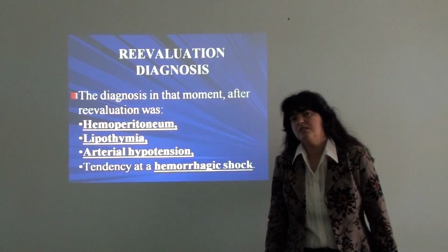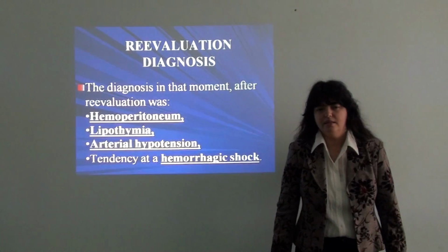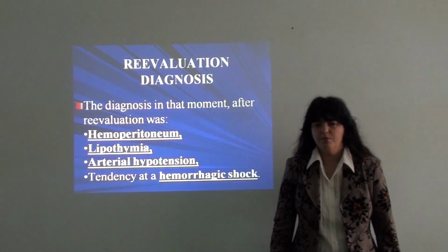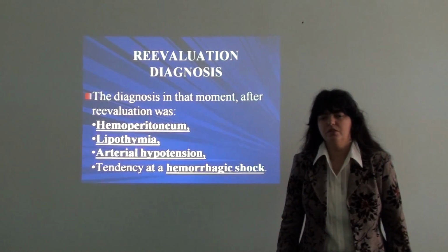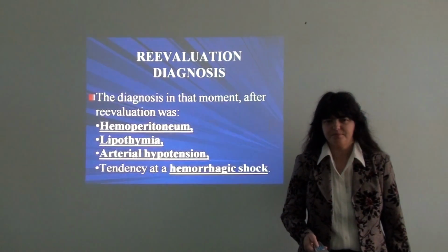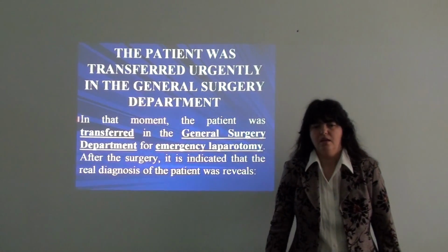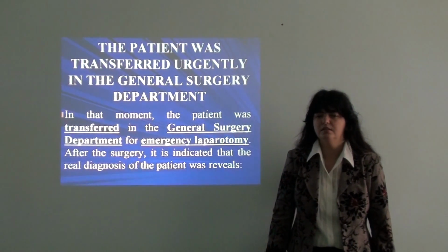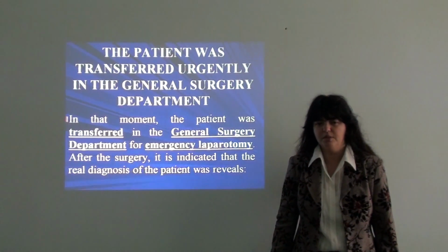Of course, at this moment, I made a re-evaluation of the diagnosis, and the diagnosis now was hemoperitoneum, lipothymia, arterial hypotension, and tendency to hemorrhagic shock. At that moment, the patient was transferred to the general surgery department for emergency laparotomy.